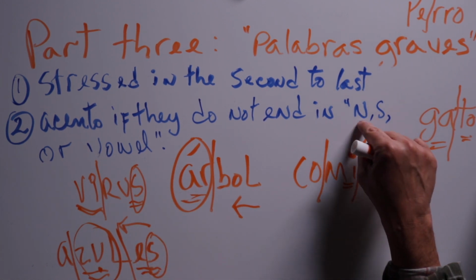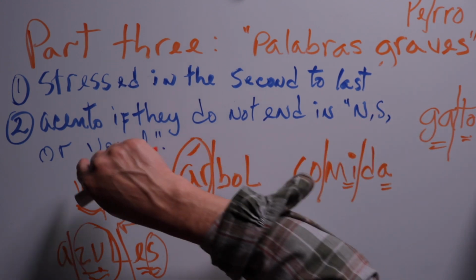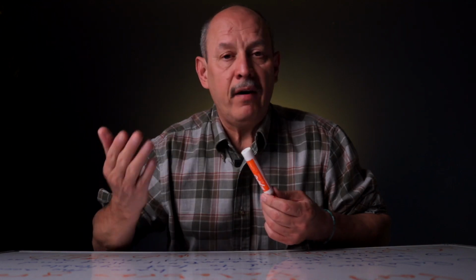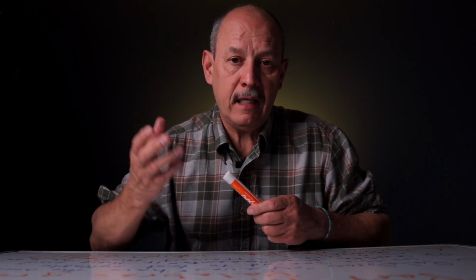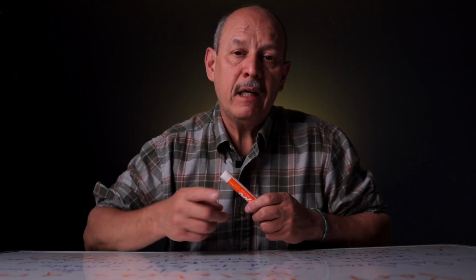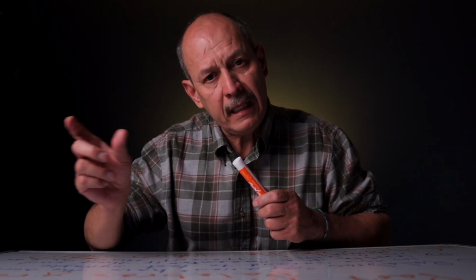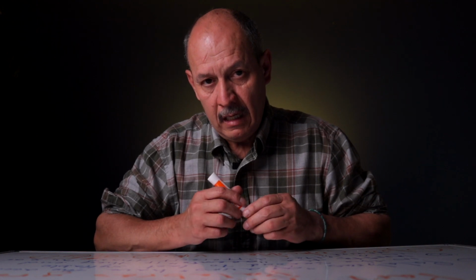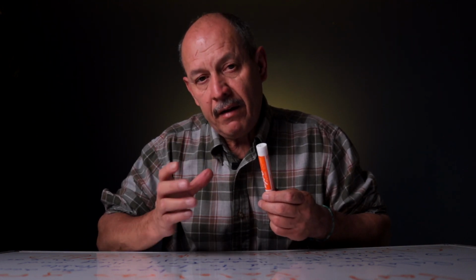And I cannot write down acento if a word ends in N, S, or a vowel, and that word is a grave one. It's the same if I use the word canción. Remember, canción carries acento because it's aguda ending in N. But if I make it plural, I will say canciones. I'm adding an extra syllable. The ES is an extra syllable. Now the word canciones is a grave one.